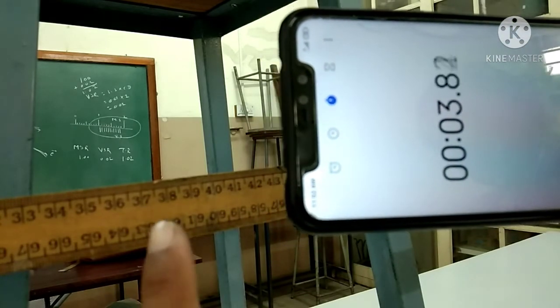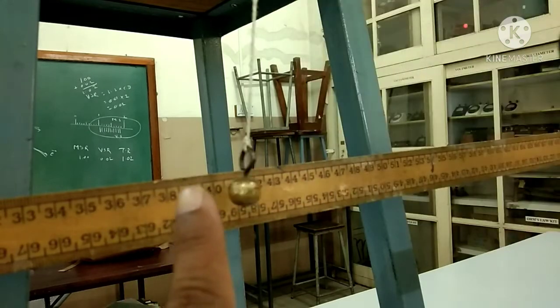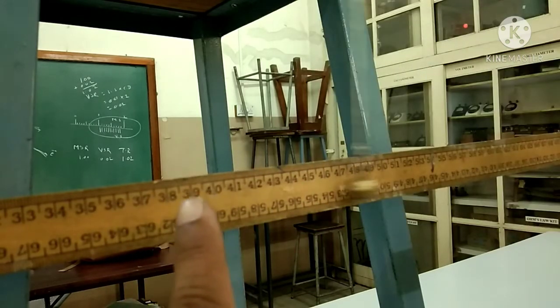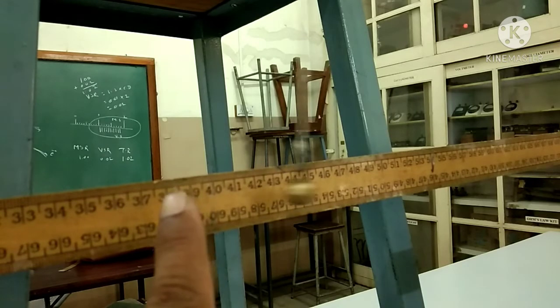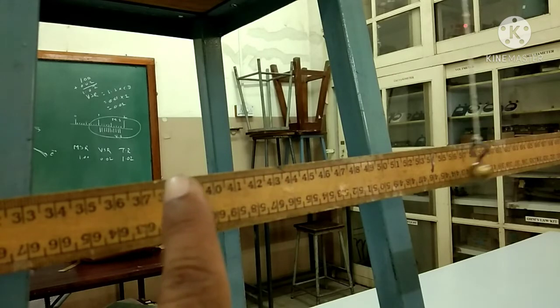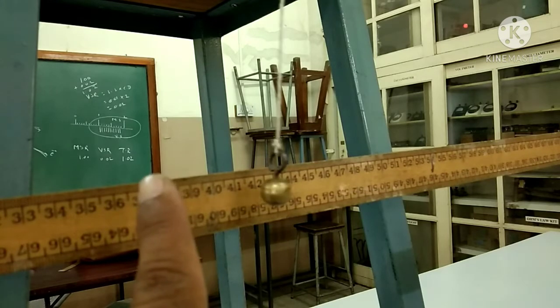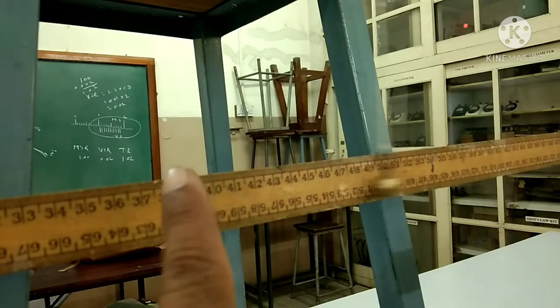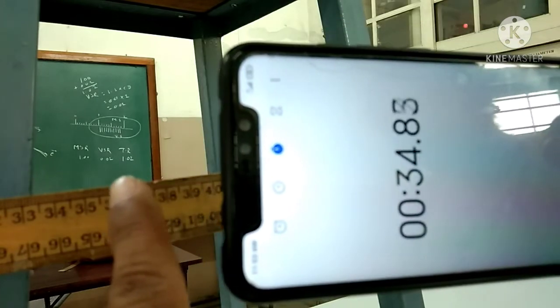And now here we count the oscillations. Now this was the third oscillation. Then fourth one, fifth, sixth, seventh, eighth, ninth, 10th, 11th, 12th, 13, 14, 15, 16, 17, 18, 19 and 20.